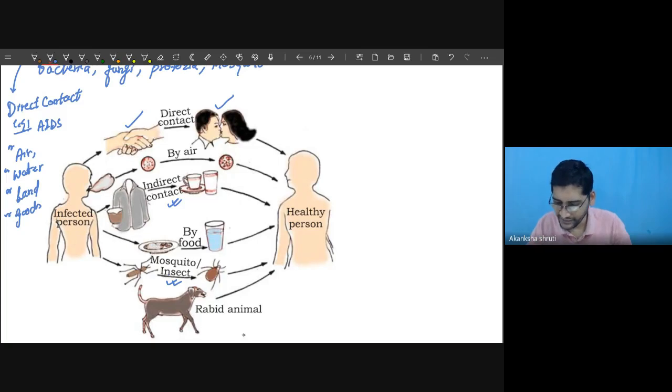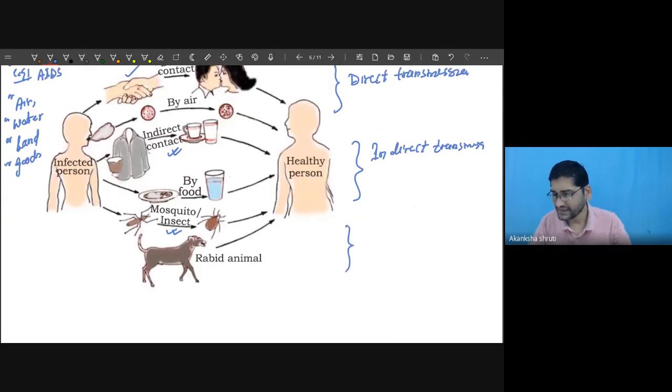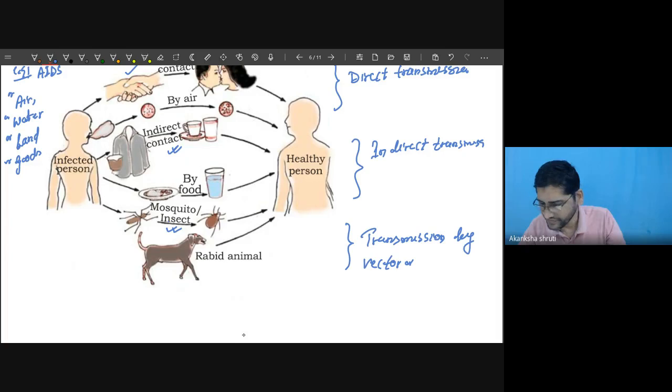So here are the three kinds of things. The first one is direct transmission, the other one is your indirect transmission, and the last one is transmission by the vector or a small organism, or insects.